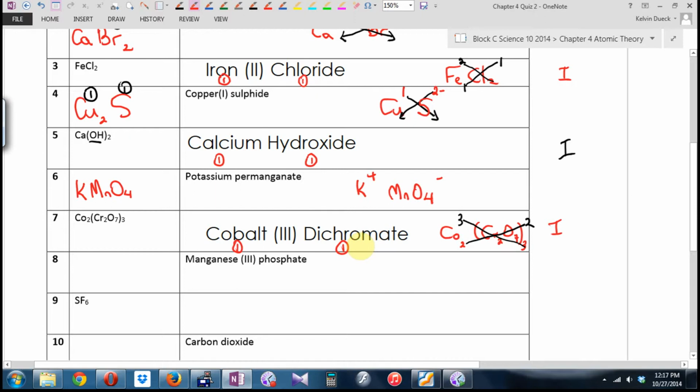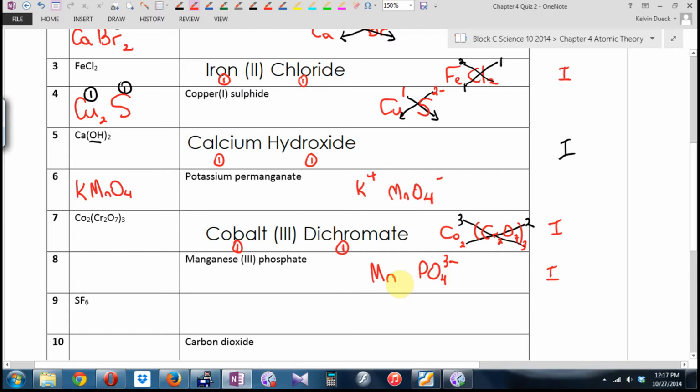Manganese phosphate, this is also ionic. Manganese is Mg or Mn? Mn. I always get manganese and magnesium mixed up. Manganese is Mn. Phosphate is polyatomic because it ends in ate. PO4, phosphate is 3 negative.